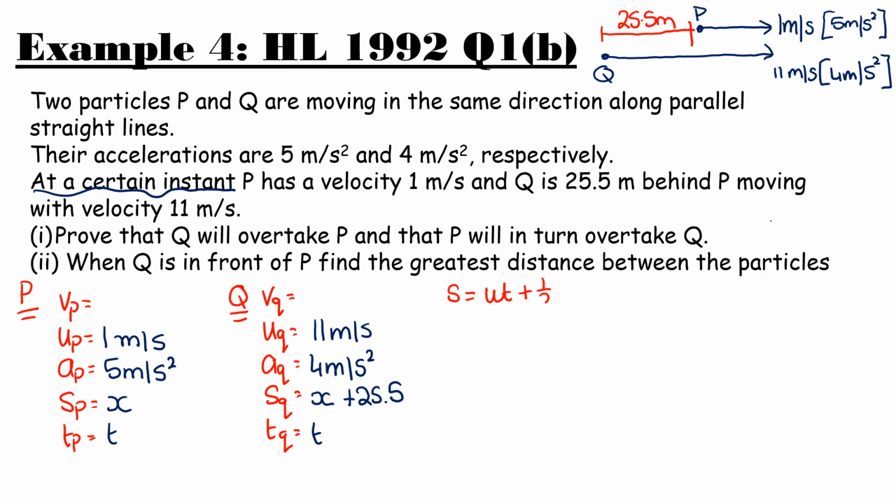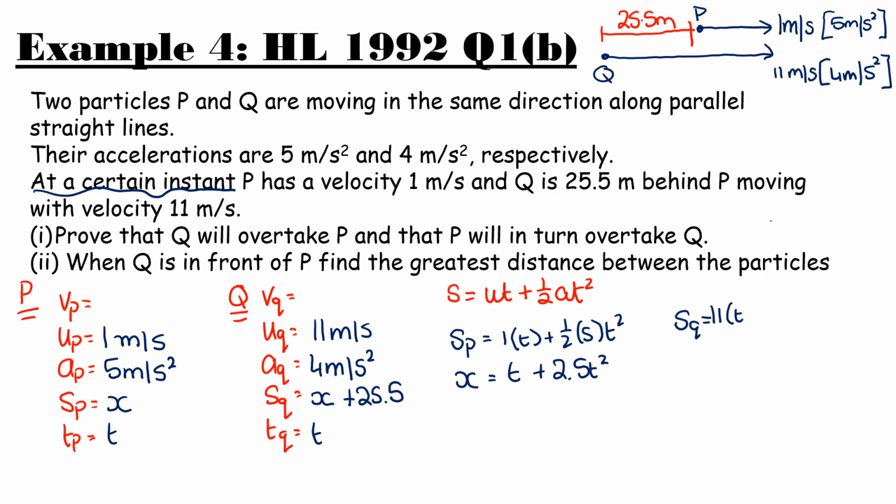So for each of these, we're going to use the formula S is equal to UT plus a half AT squared, and we're going to solve it to find the time where they meet. So for P, that is going to be UT plus a half AT squared. That gives us X equals T plus 2.5T squared. For Q, that is going to be UT plus a half AT squared, and SQ is going to be X plus 25.5.